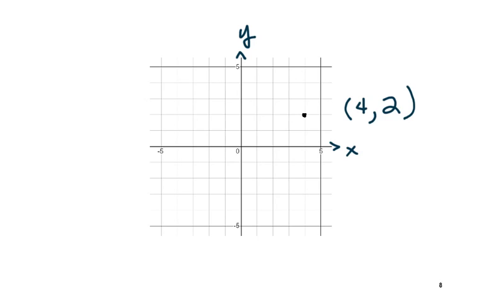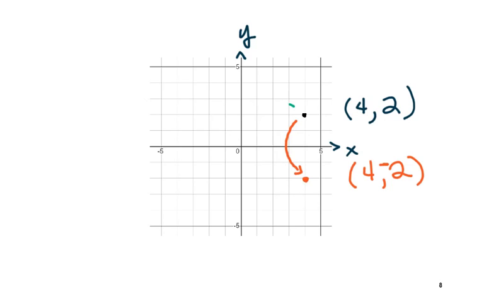Well, all we're going to do is move this point to this place right here. And that is also going to be 4, 2, but our y value has become negative. So that's just what's going to happen with our functions as well. All our y values will be negative when we flip across the x-axis.